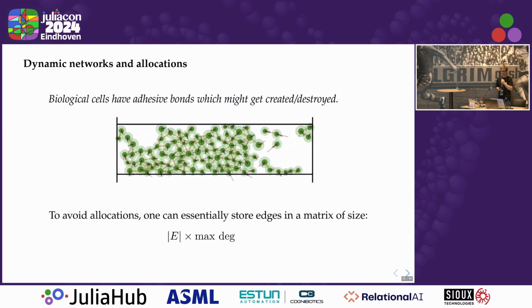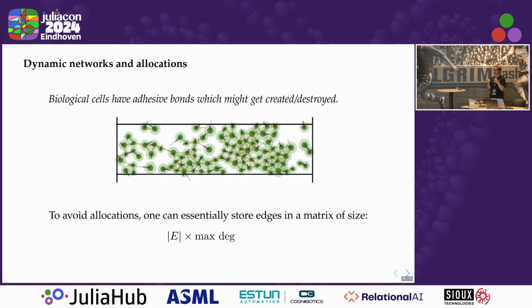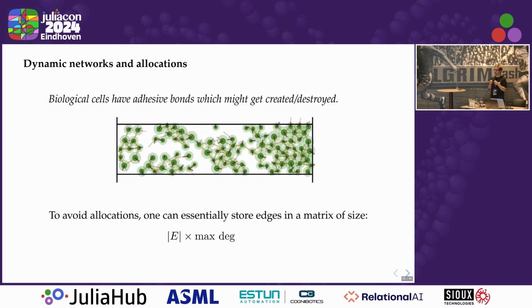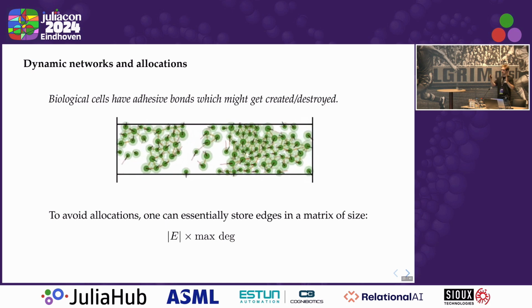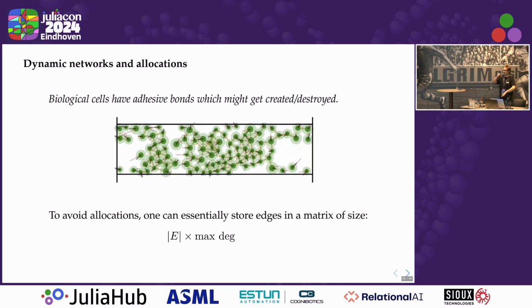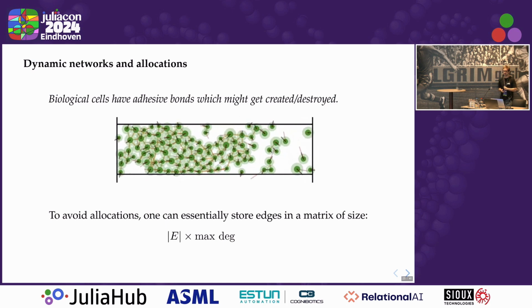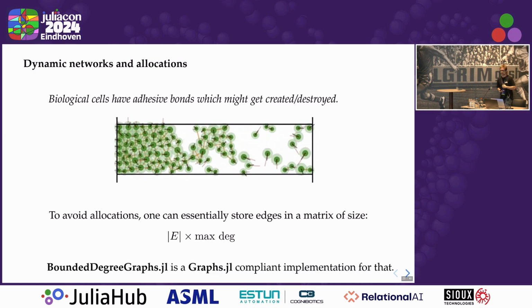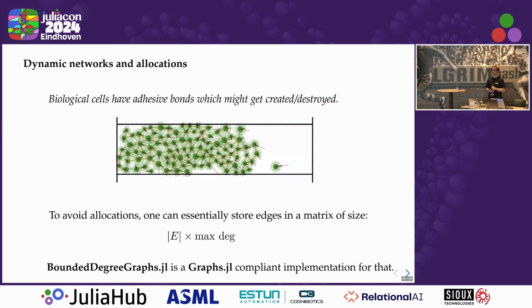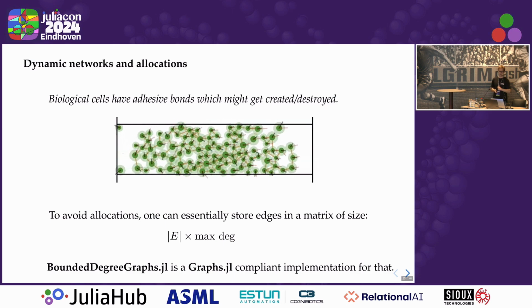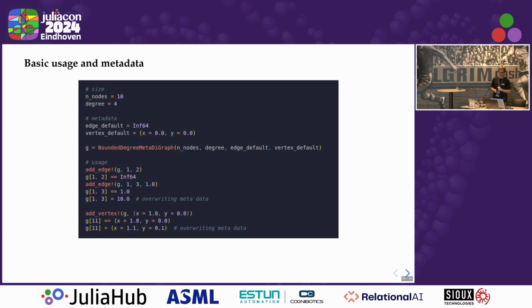If you know that there is a limited number of edges at each vertex, you can just store them in a matrix: vertices times how many neighbors I allow at most. This package implements this with the same syntax as Graphs, so you can just use that type. I don't want to go into details, but you can provide metadata on the edges and on the vertices. Otherwise, it's the same syntax as for Graphs.